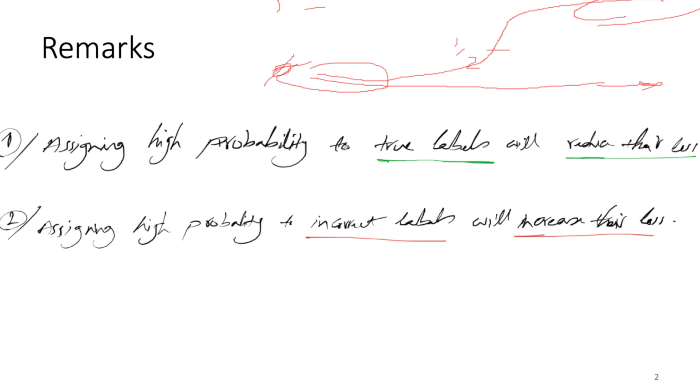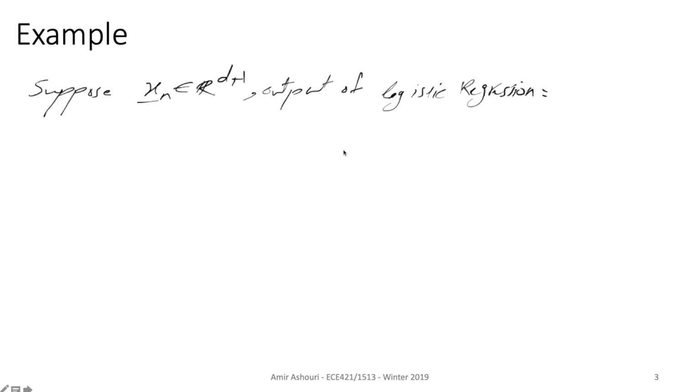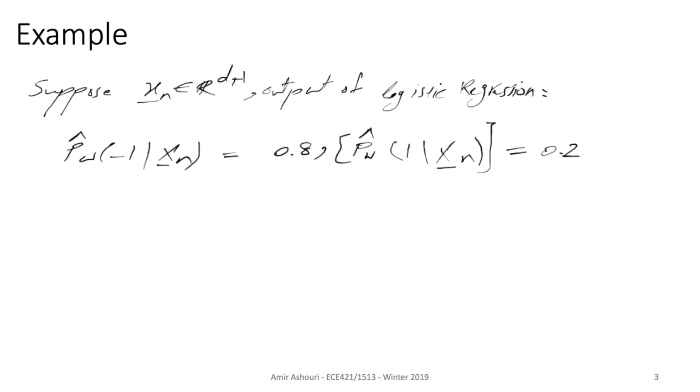As an example, I mentioned last session, suppose you have xn in R to the d plus 1 space, and the output of the logistic regression was: the probability of -1 given xn equal to 0.8, and the probability of true labels given xn was 0.2, right?